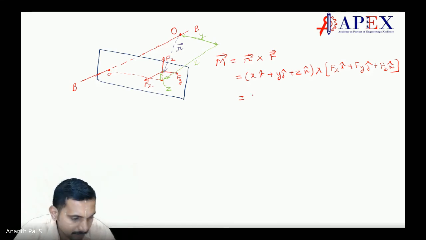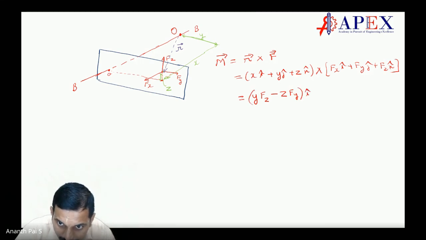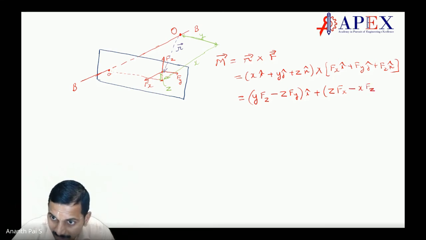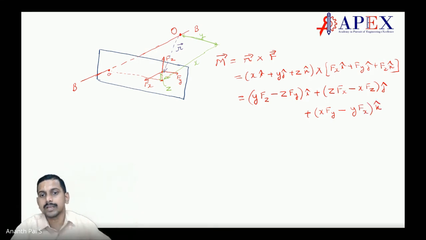You will get something like (y Fz minus z Fy) i, plus (z Fx minus x Fz) j, plus (x Fy minus y Fx) k. This is what you will get as a moment vector.